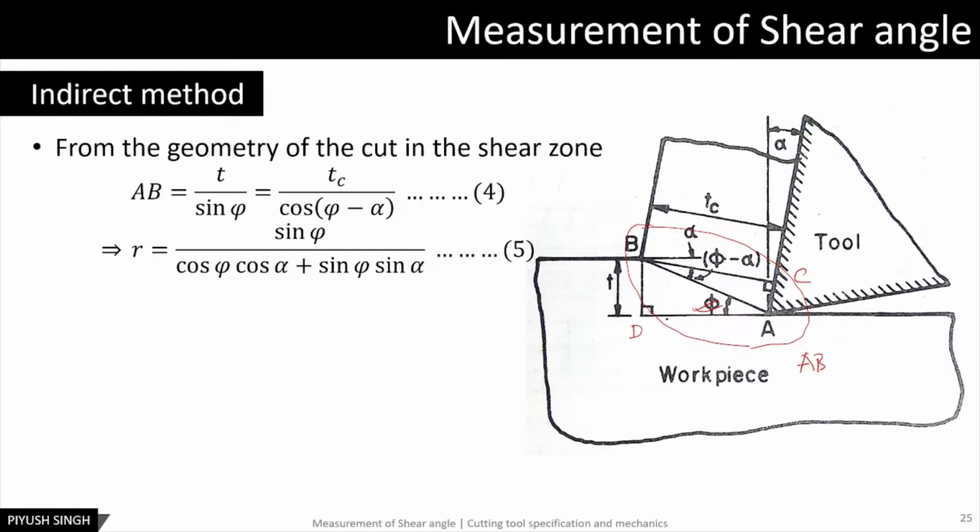If you recall what cos(A minus B) is equal to, then you will be able to understand why this is so. Clear? Any doubt in this step?